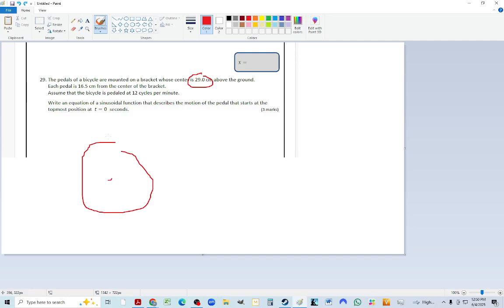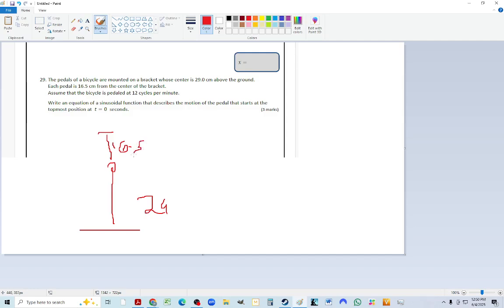The pedals of a bicycle are mounted on a bracket whose center is 29, so that means we're going to be 29 above the ground. That's still the axis. But each pedal is only 16.5 from the center, so that's going to be the amplitude, 16.5 up and down.